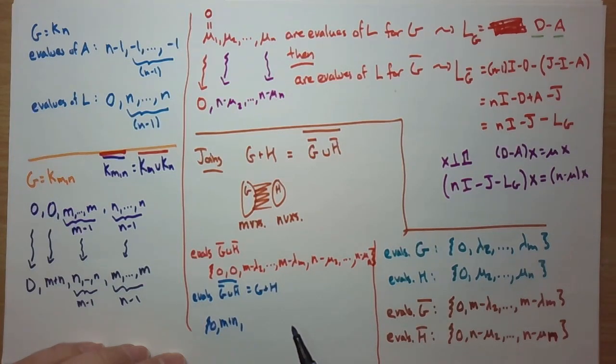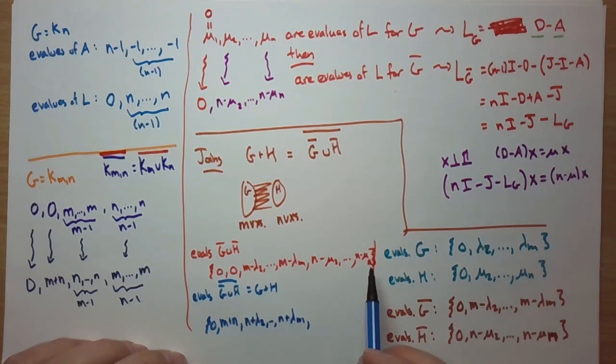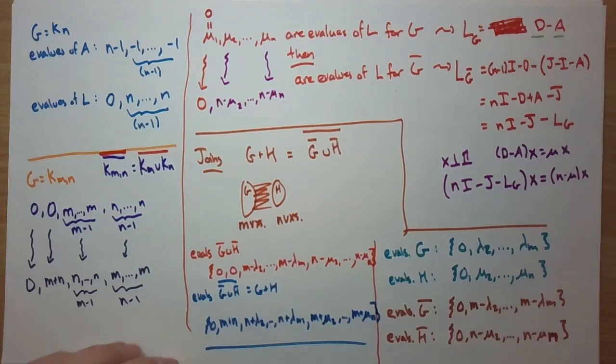Yeah, so the m's will cancel, and the minus becomes a plus. So you have n plus lambda 2 out to n plus lambda m. Last part, the n minus the mu's become what? M plus the mu's. And there we go. All right, good. So joins we can do. Easy, well, maybe not super easy, but easy-ish.